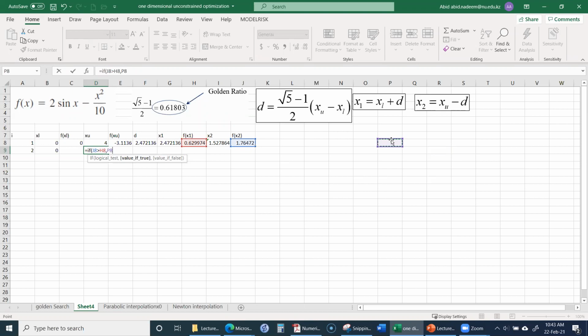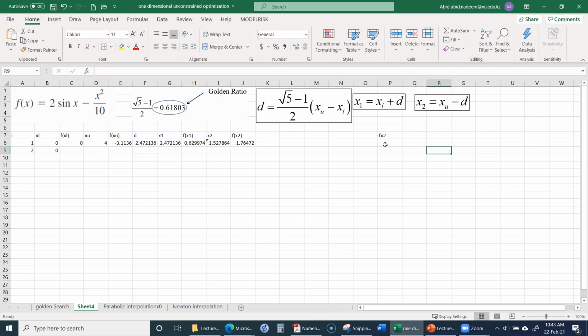Let me see, if this is fx2 and this is fx1, here I have shown fx2 is greater than fx1. Then the function is decreasing from fx2 to fx1. So it means that the maximum of the function is located in this section.